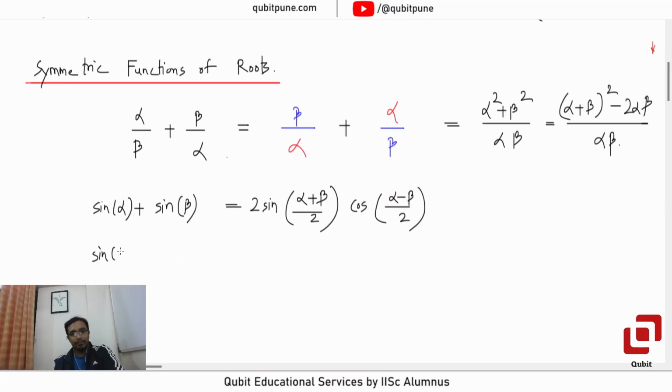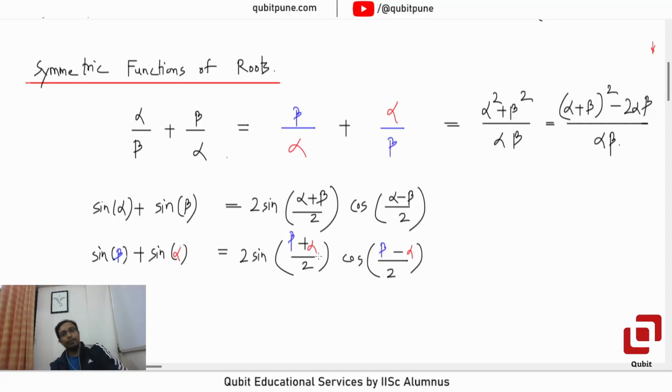Look, if we change alpha to beta and beta to alpha, because cos is an even function, cos of negative theta will be cos theta, it didn't change anything here, and it is also not going to change anything there, because cosine is an even function.